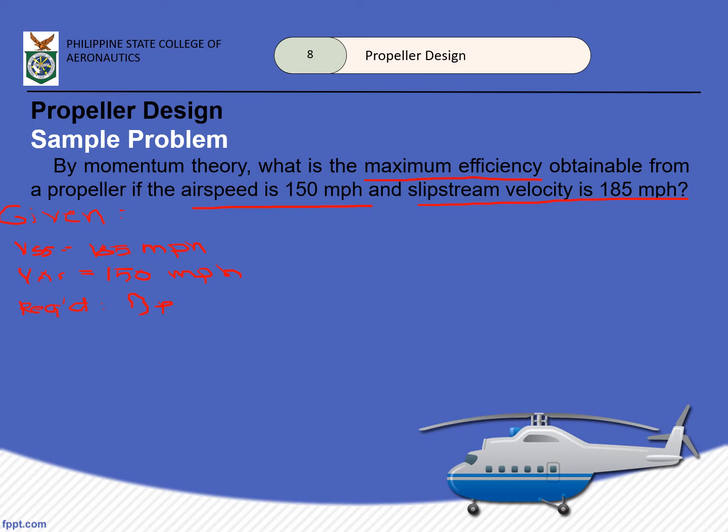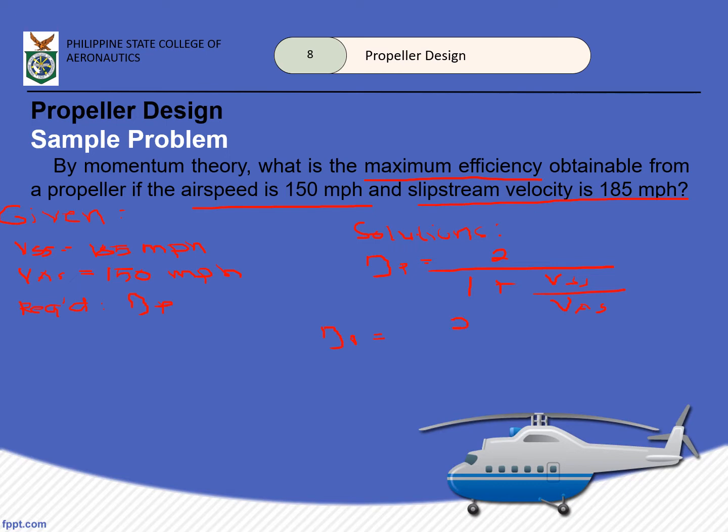So, for the solution, we would go back sa formula kanina. Balikan nyo na lang sa kabilang slide para mas malinaw. But it says that propeller efficiency is equal to 2 over 1 plus the ratio of our V slipstream over V airspeed.